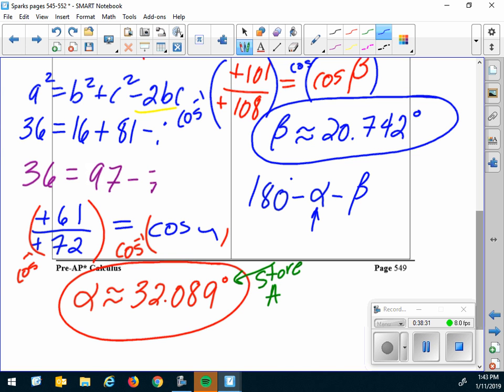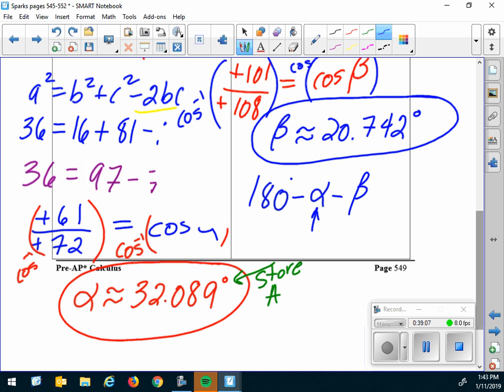Well, store it. Yeah, I did it. I did too when I stored it. Why did it not like it? I did 180 minus A minus answer. You got the 127? Fine. I must have just typed something in wrong.